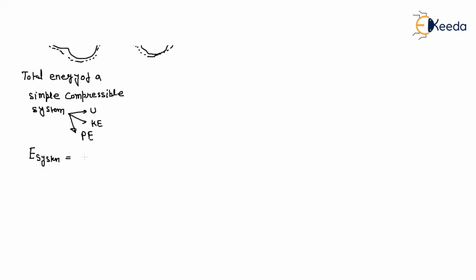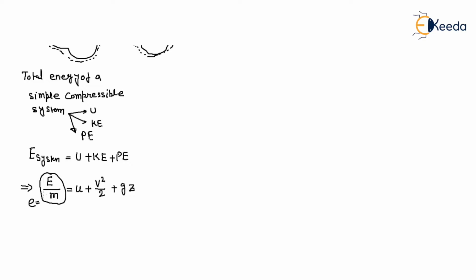is what? Internal energy plus kinetic energy plus potential energy. So on a unit mass basis, E by m is equal to specific internal energy plus v square by 2 plus gz, this is denoted by small e, right?